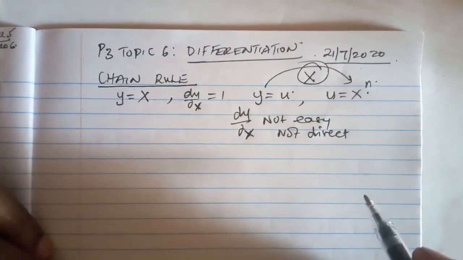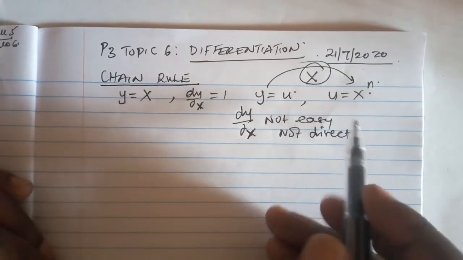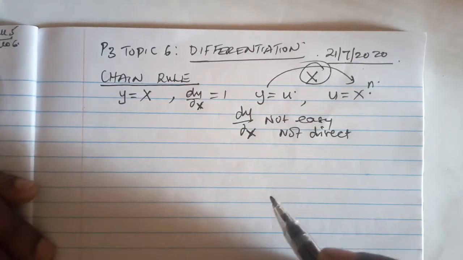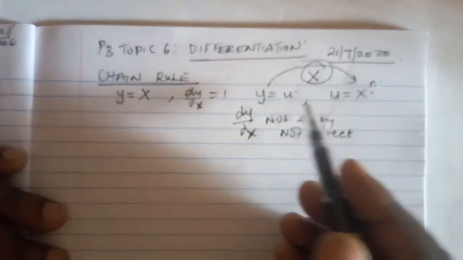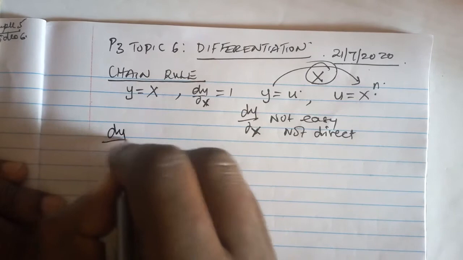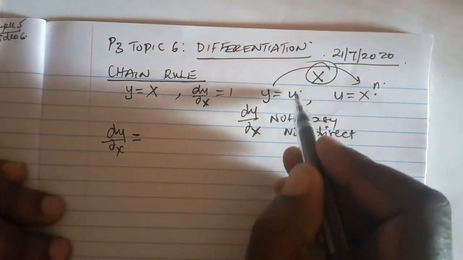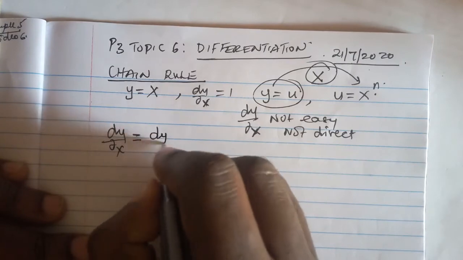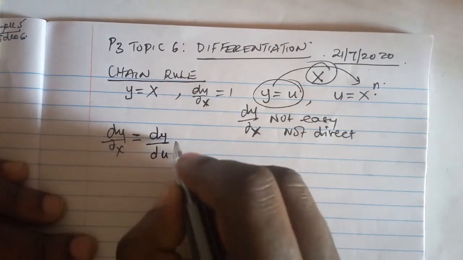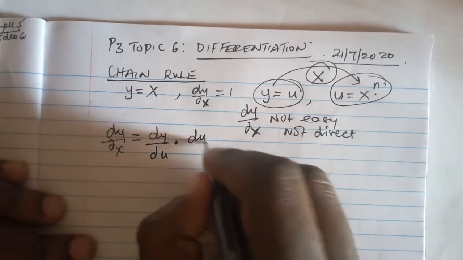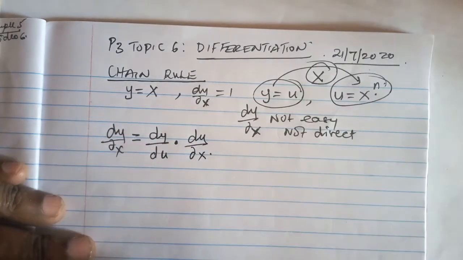But there is something we can use, and we are calling it the chain rule. At this point, we need to introduce the chain rule, whereby for dy dx we first deal with this function and have dy du multiplied by the differential of this, du dx.